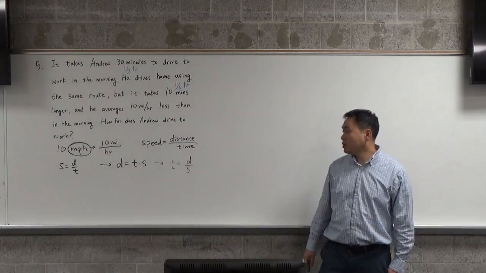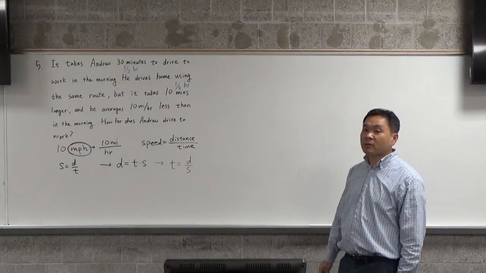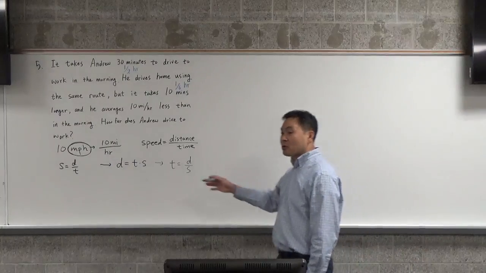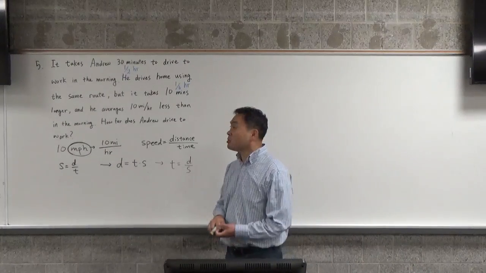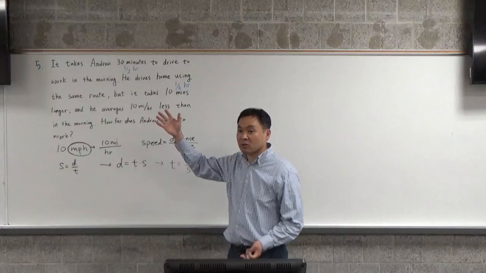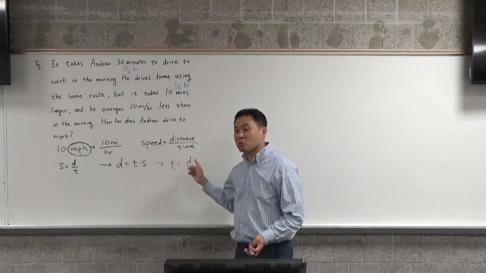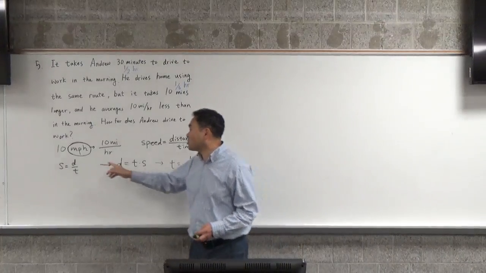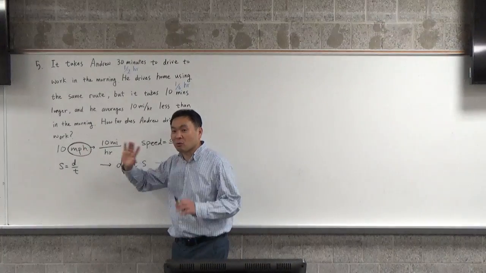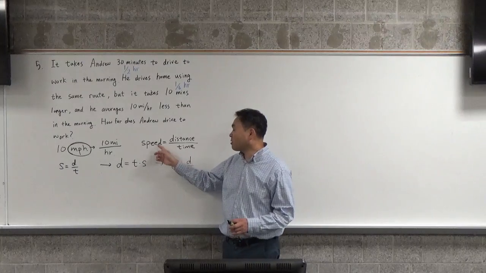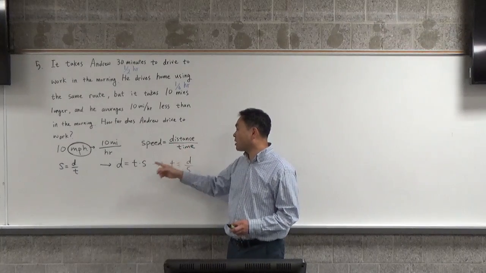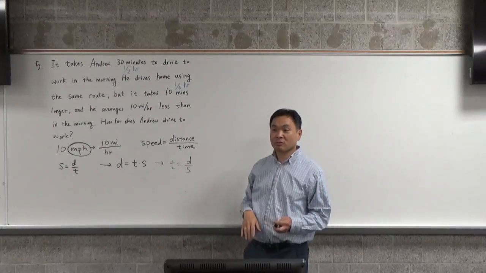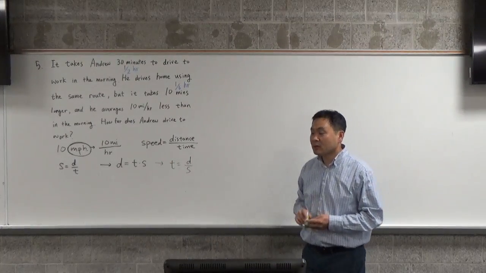All right, so you have those three fundamental equations you should be writing down before you approach word problems. If you see a word problem that's using speed, distance, time, just write these three equations down. You don't have to memorize them. All you have to remind yourself is miles per hour. That automatically says speed is distance over time, and then you can just keep solving for one of them, and you get these three equations. So that's not hard, right?